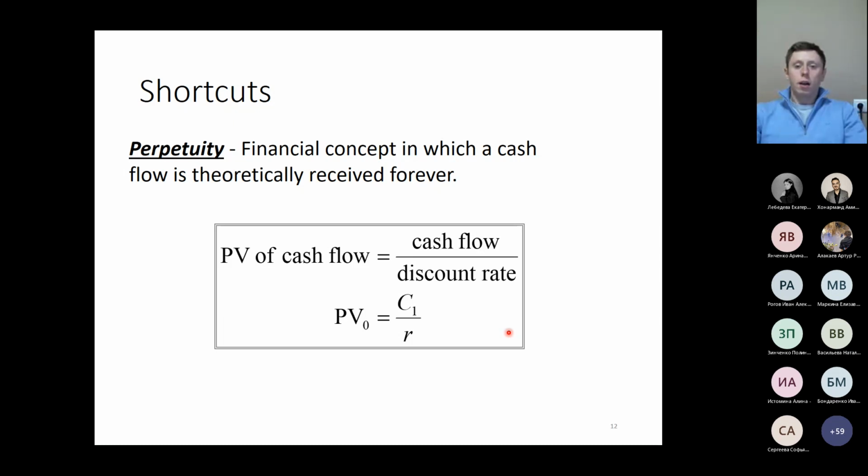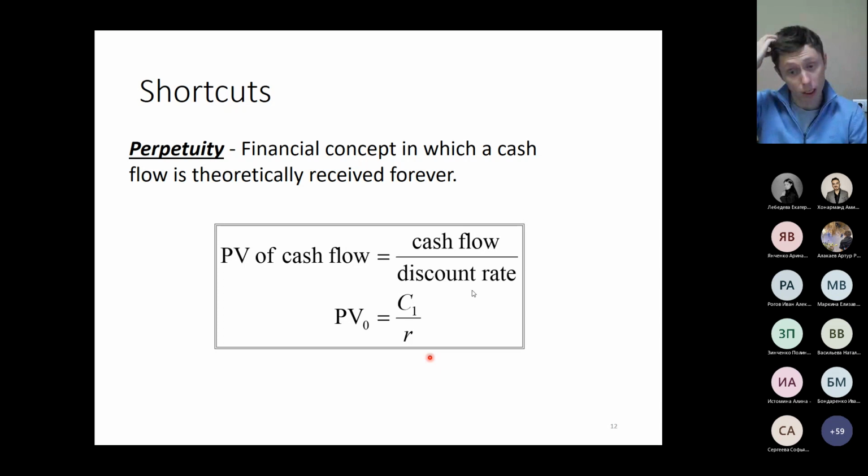Again, this is the same cash flows received with the same time intervals forever. This is called perpetuity. Another important thing to mention is that with perpetuity, the first cash flow is paid at the end of the period. Not immediately, but at the end of the period.